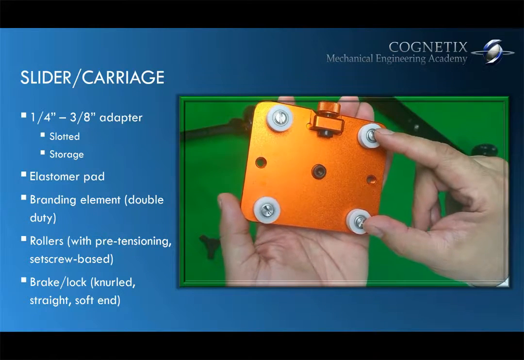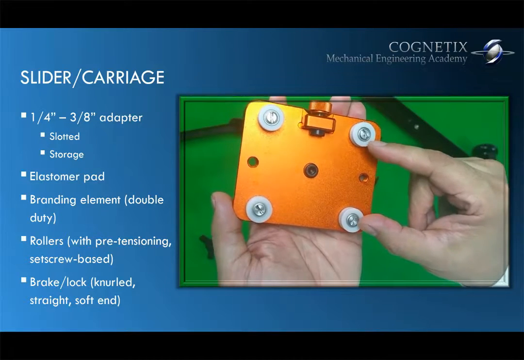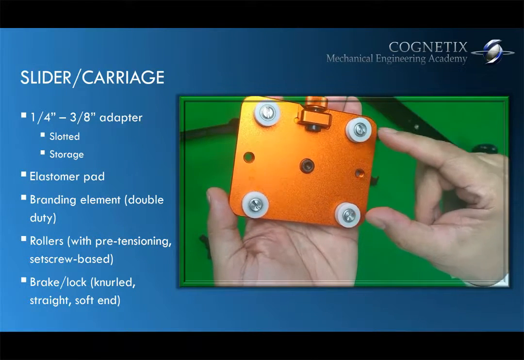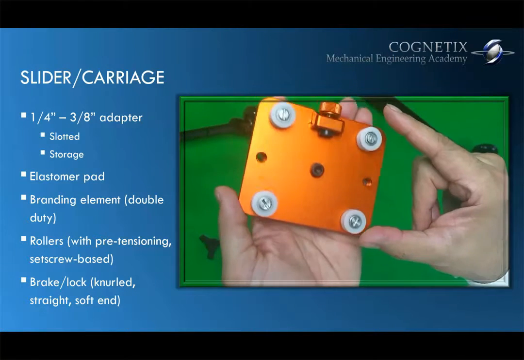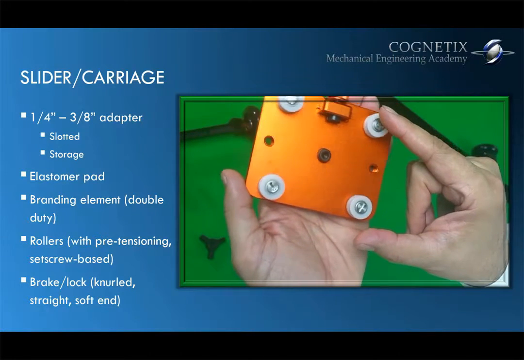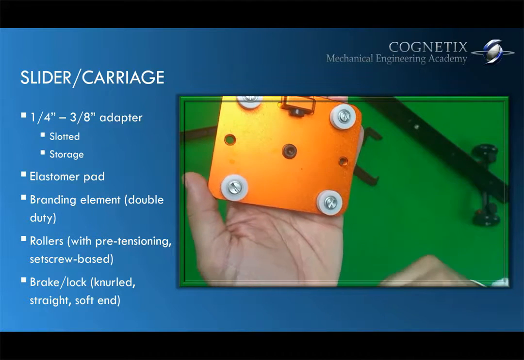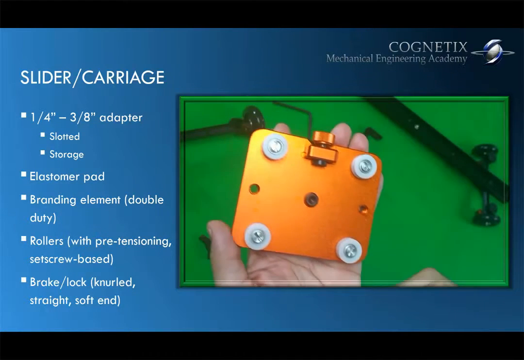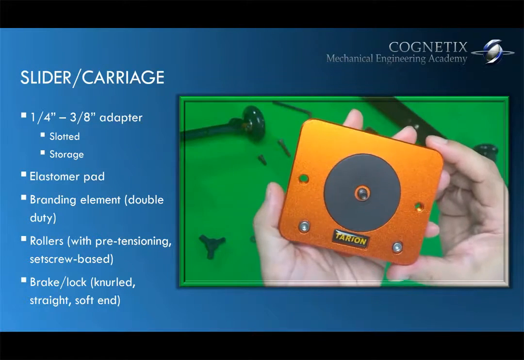Okay, but there's a manufacturing tolerance. If it's a little bit closer, it's going to be too tight. It's not going to go in, it's not going to fit into the rail. If it's too loose, then the carriage is going to rock. It's going to be loose on the rail. How did they manage to secure it so nicely without any kind of play? The answer is right here.